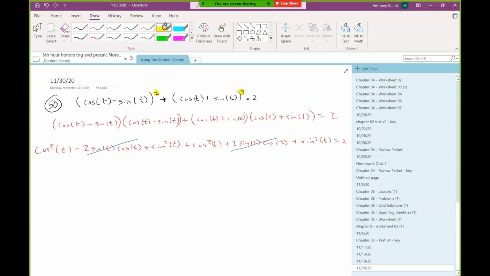If I look at what's left, I have cosine squared t plus sine squared t. Well, that's just 1, using our first Pythagorean identity. And over here, I have cosine squared t plus sine squared t, which is also 1. And so I'm left with 2 is equal to 2.